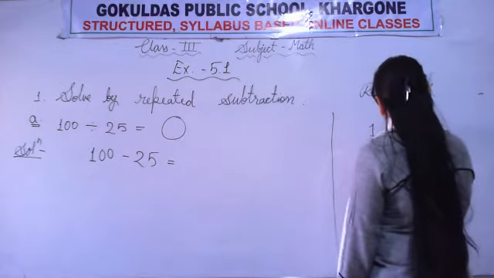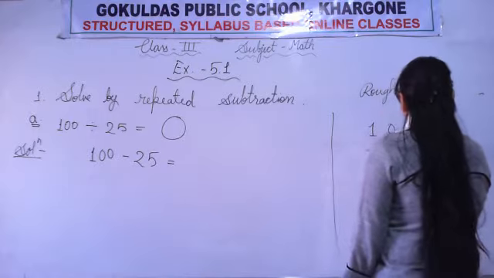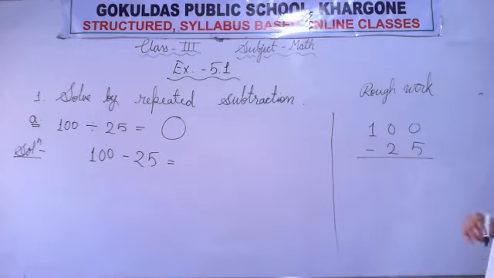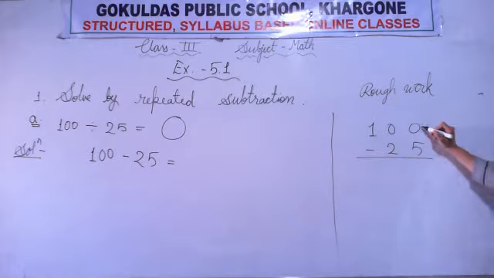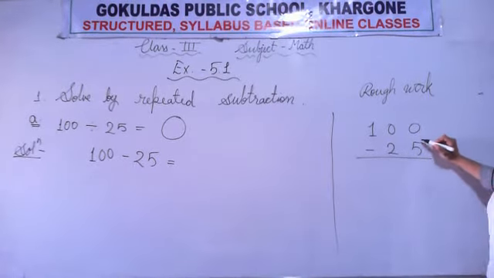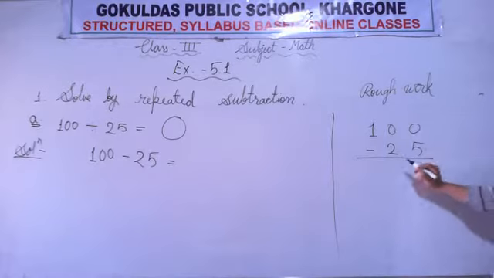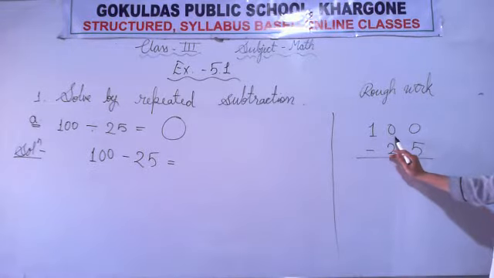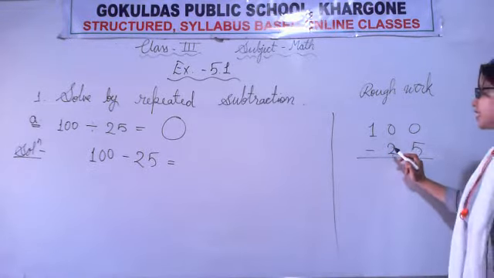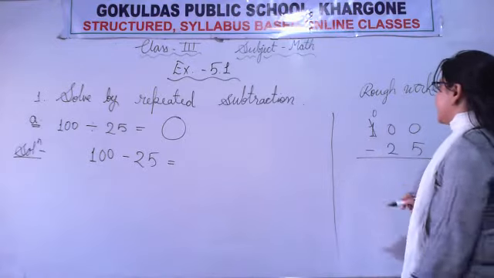100 minus 25. So let's subtract 25 from 100. Starting from the ones place, all of you know how to subtract. So starting from the ones place, 0 minus 5, we cannot subtract 5 from 0, so we will borrow a 10. At the tens place, again 0 is there, so we will borrow from the hundreds.